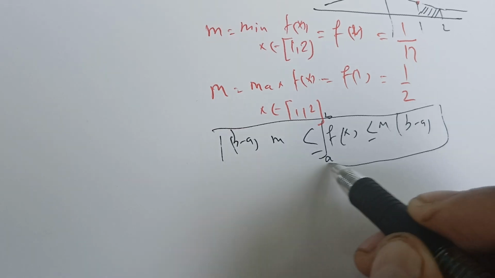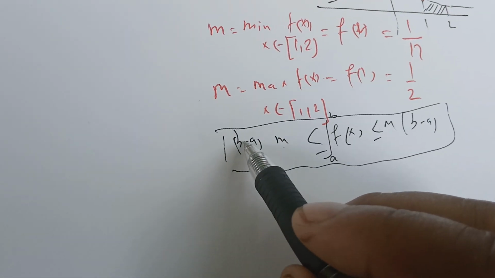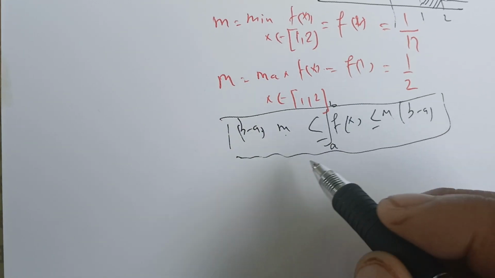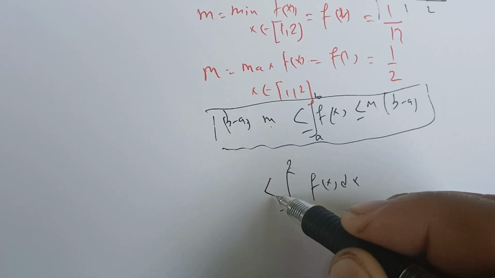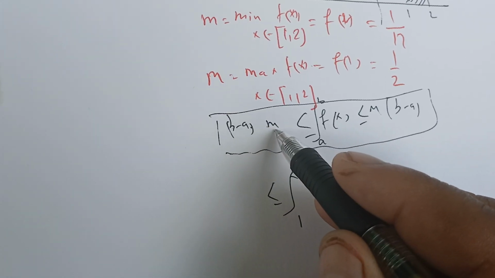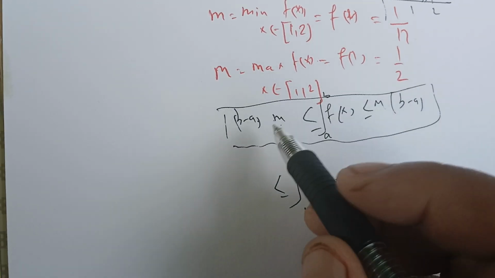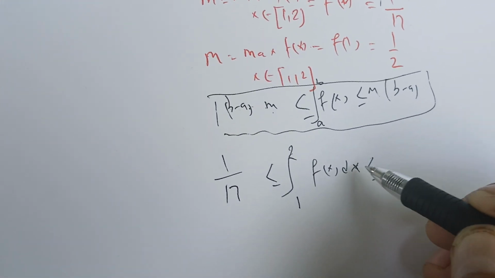Let's see if we can get something from this result. For the minimum, b minus a is just 1. So the integral is bigger than 1 over 17 times 1. Therefore, we get our first result.